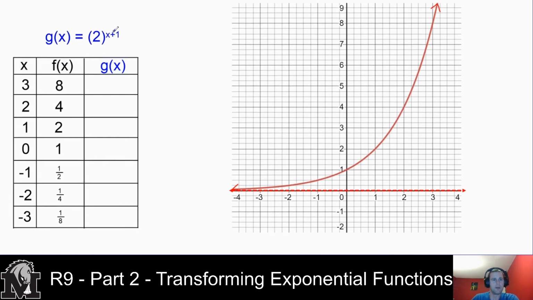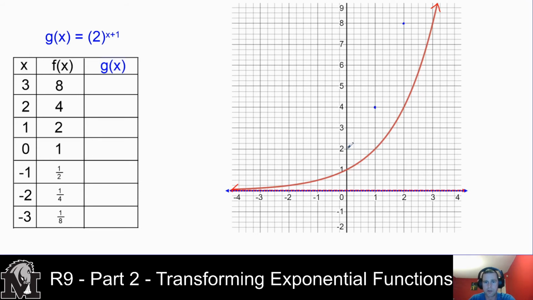Next example, how does this affect the original graph, which shifts us 1 unit to the left? So if I start with my asymptote and I move it 1 to the left, it's still going to be the entire x-axis, so that stays the same. And then let's just move the points 1 unit to the left. So this guy here at 3 goes over to 2. This one at 2 goes over to 1.